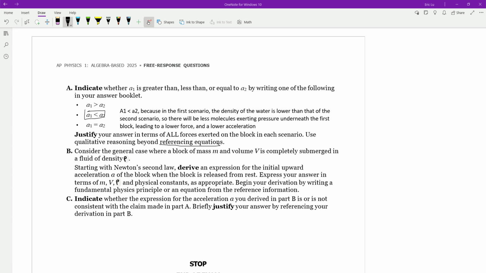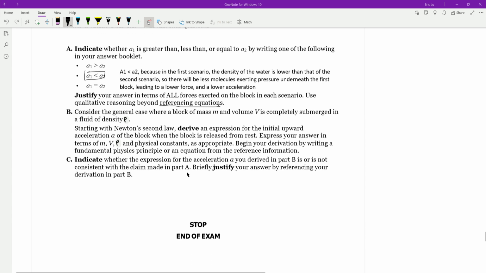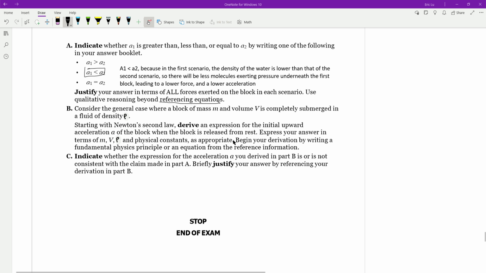Begin your derivation by writing a fundamental physics principle or an equation from the reference information. So, first of all, what is Newton's second law of motion? Well, it states that acceleration is proportional to the net force, and we need to derive an equation for acceleration.